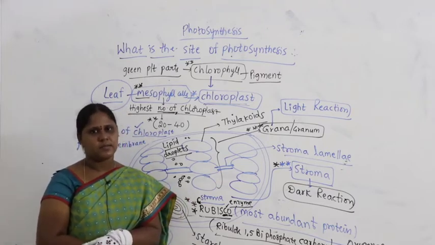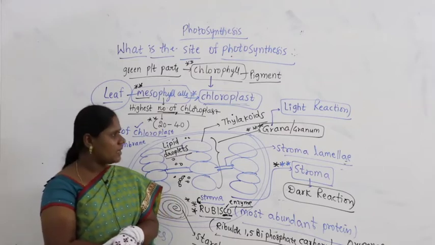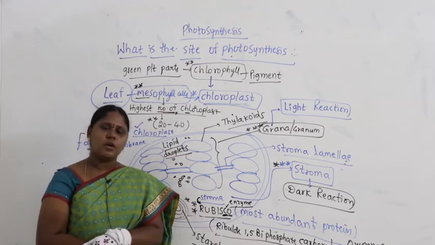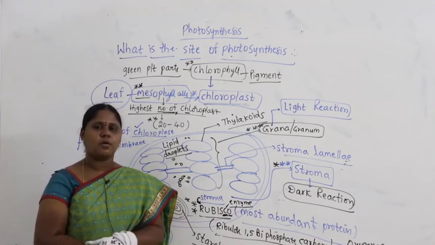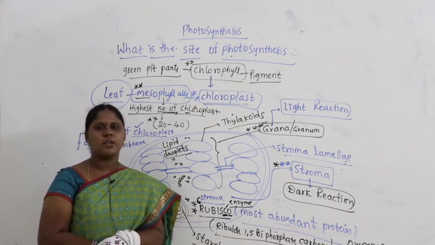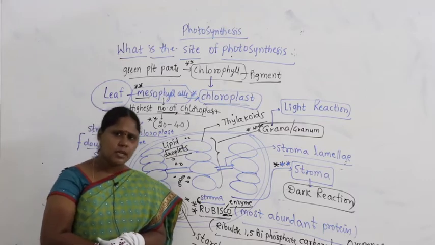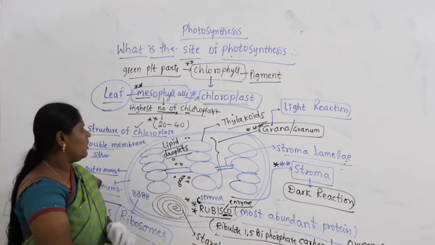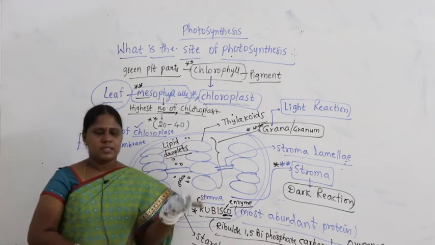Transport in plants. Second year chapter, transport in plants. Very recently we completed it, right? What is the other very important point about chloroplast which we discussed in transport in plants? Can you answer me? Yes. Here, if you look at the chloroplast, what you call symplast.